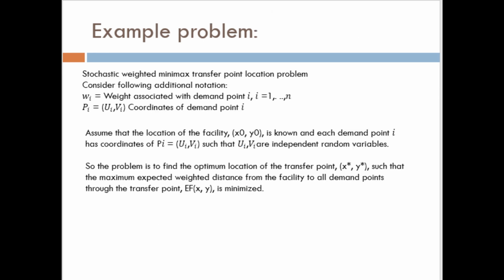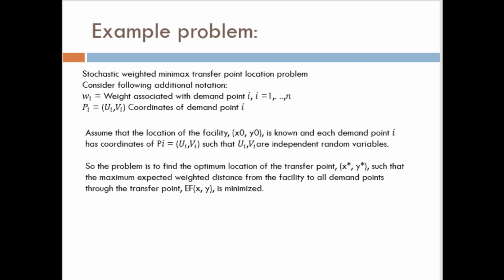Next example is the stochastic weighted minimax transfer point location problem. So we have to consider the following additional notation. W sub i is the weight associated with demand point i, where i is equal to 1 and so on.